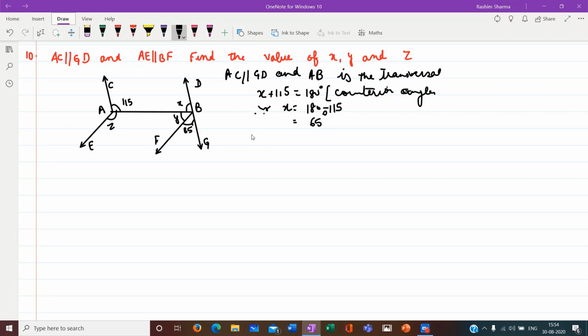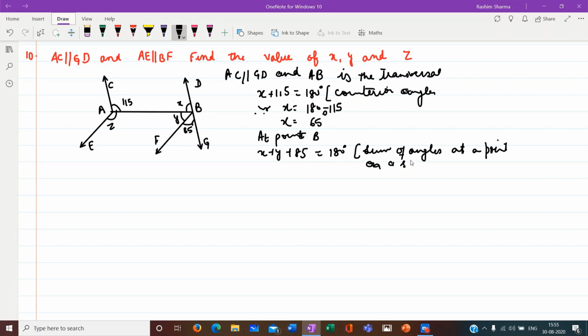Okay, then we got here at point B x, y and 85 degree. So we will write at point B, x plus y plus 85 is equal to 180 degree, sum of angles at a point on a straight line.